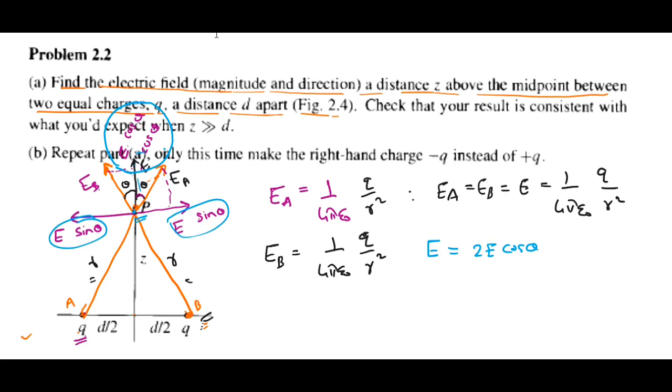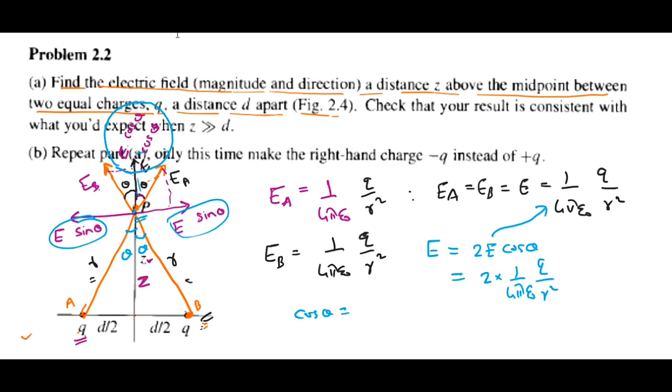That will be added, and this E is given by the expression 1 by 4 pi epsilon 0 times q divided by r square. From the figure, if this angle is theta, this angle will also be theta. If you work it out, you can easily find this angle is also theta. cos theta is equal to the adjacent side, which is z, divided by the hypotenuse, which is r. I have written z here, which is not clear in the picture.